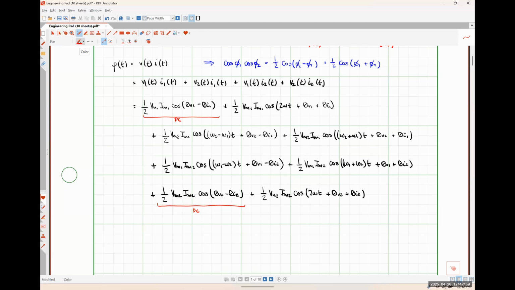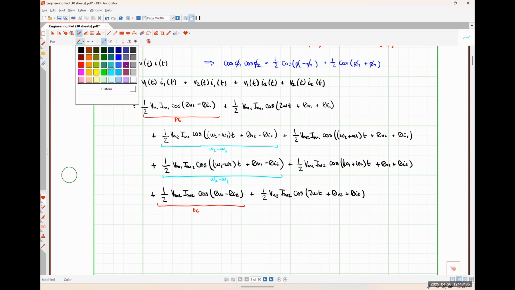So those two terms are at the exact same frequency. I'm going to underline those in this light blue. This one is at a frequency of omega 2 minus omega 1, and this one is also at a frequency of omega 2 minus omega 1, if we understand that cosine x and cosine negative x are the same thing.